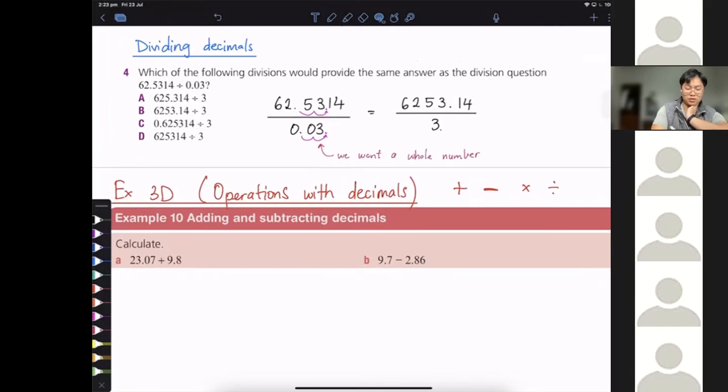So what I want you to do when you're adding or subtracting, it's the same strategy. When we plus or minus decimals, we have to line up the decimal points.